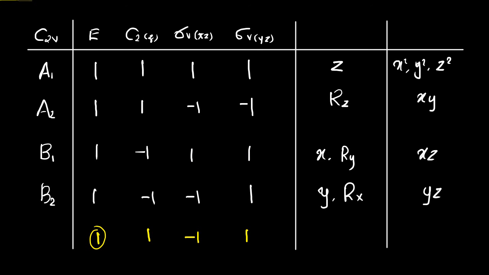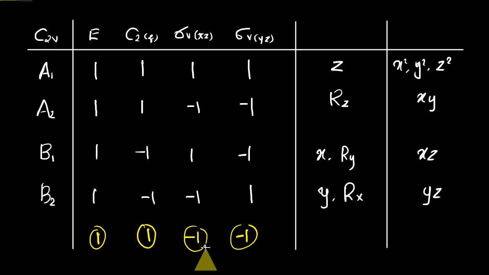In the character table, you have to see that this is minus 1. B1 is minus 1. So 1 minus 1 1, that is equal to minus 1. So we have 1 1 minus 1 minus 1.